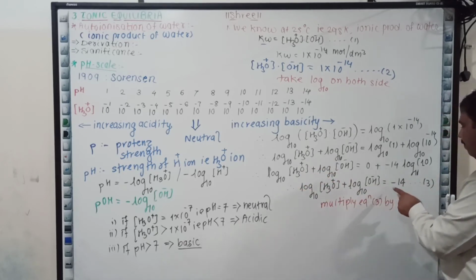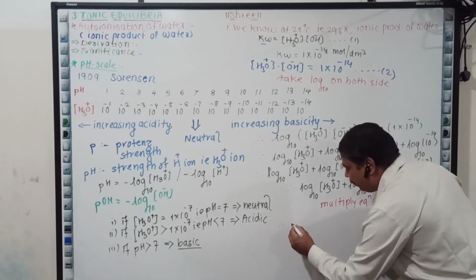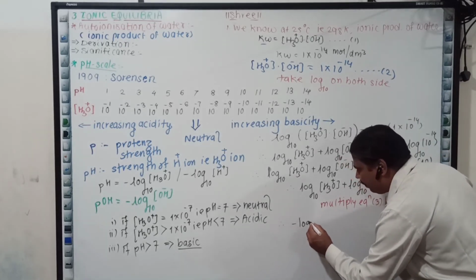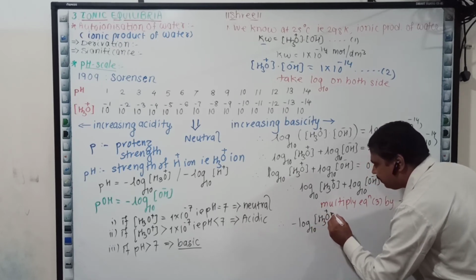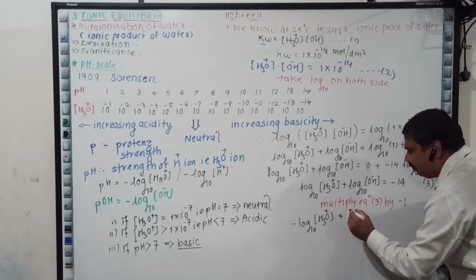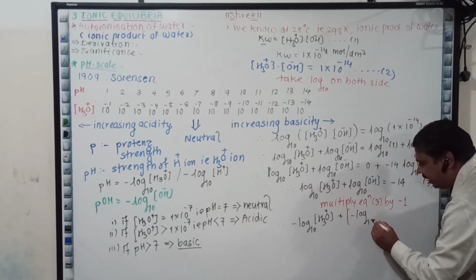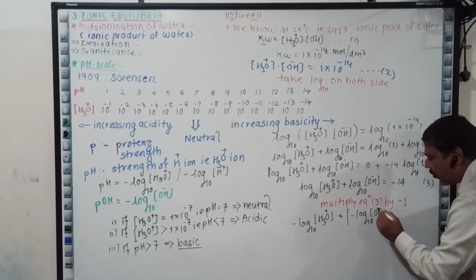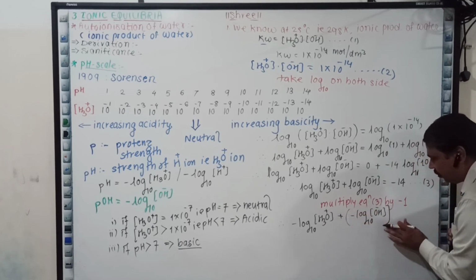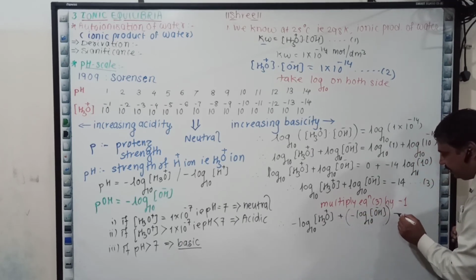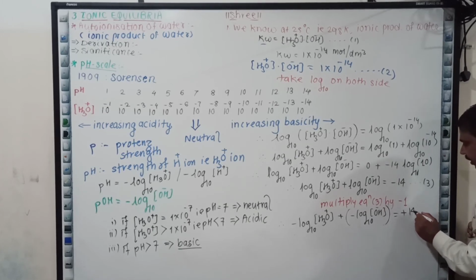We get therefore minus log to base 10 concentration of H3O plus as it is होतो, मी आणि याला ब्रॅकेट मध्ये घेतो, minus log to base 10 concentration of OH minus, round bracket घेतो लागल्यास, okay, is equal to minus 14 into minus 1, that means plus 14.